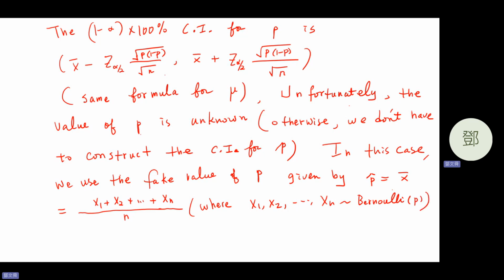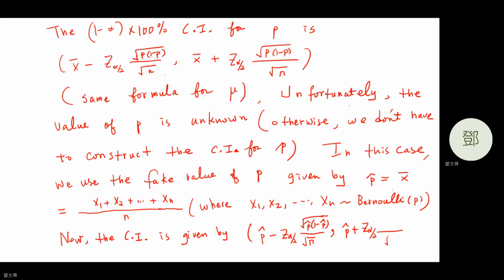So they are either 1 or 0. So now P hat minus, P hat times 1 minus P hat, and P hat plus.